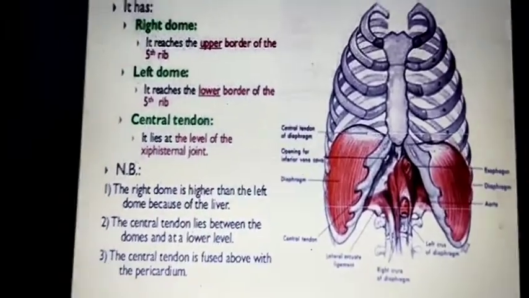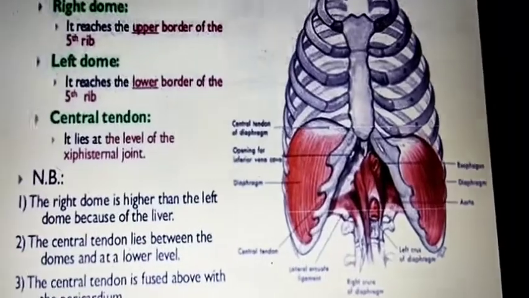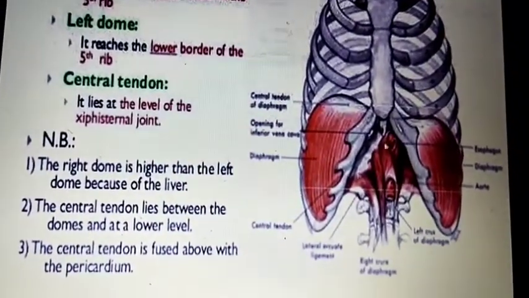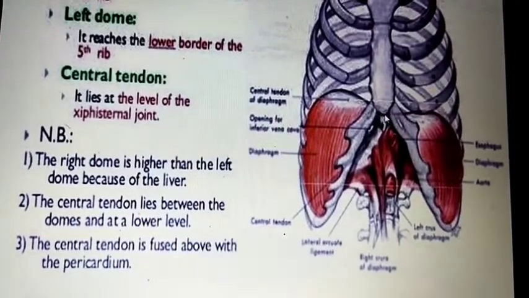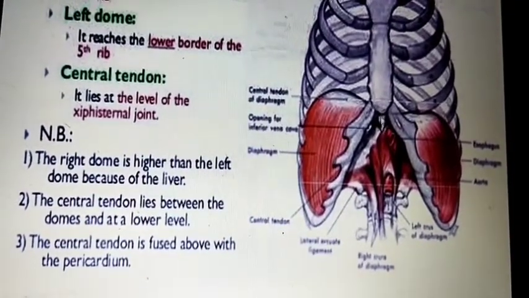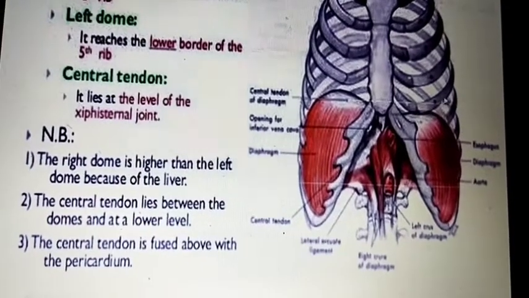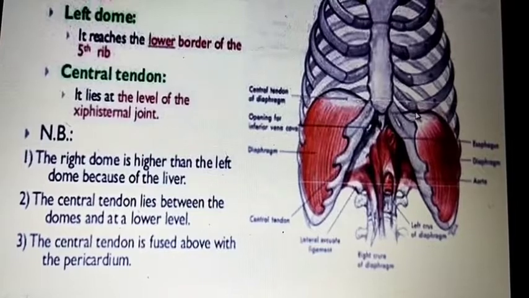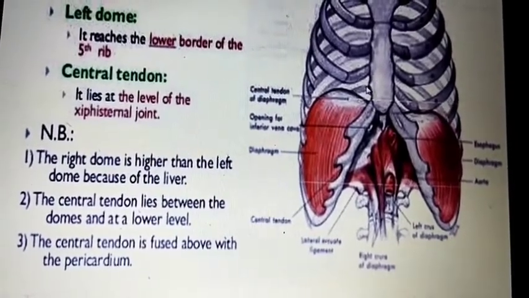Then the central tendon lies at the level of the xiphoid process, the xiphisternal joint. This is the xiphoid process, this is the sternum, and this is the central point, at the level of the xiphisternal joint. You can see this is the fifth costal rib, this is the lower border of the fifth costal rib, and this is the upper border.